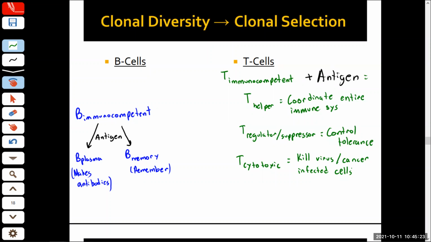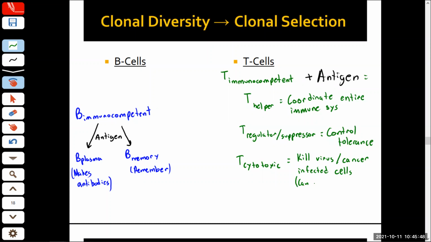Now let's think about this. Where do viruses live? Inside of your own cells. Where does cancer live? What is the only kind of cell that your T cytotoxic can kill? I think you're thinking about it too hard.